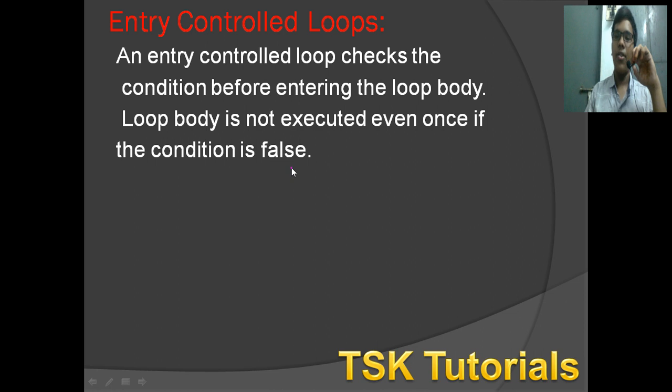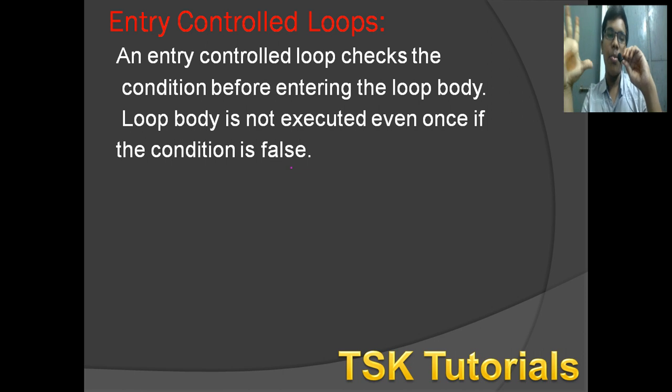The loop body is not executed even once if the condition is false. For example, you have given 5 is greater than 100. Let's see how we have to control and how we have to give the values. For example, 5 is less than 100. Is it possible? Yes. But if I have given 5 is greater than 100, it's not possible.